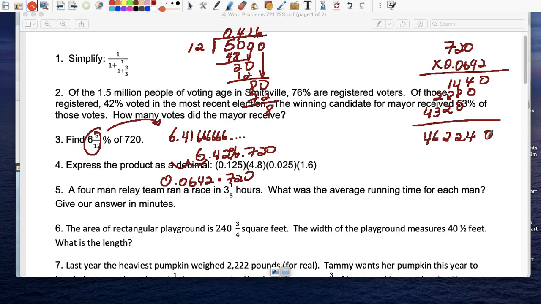We have 1, 2, 3, 4 decimal places. 46.2240, approximately. Okay, that kind of makes sense, right? Because 10% is 72. So 6 and 6.42% is a little bit more than half, so that's okay.